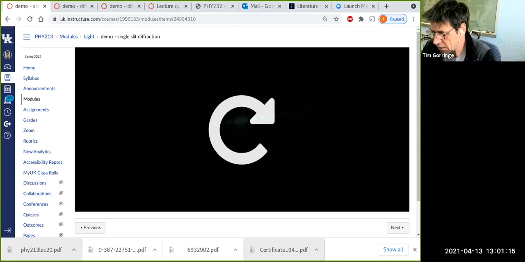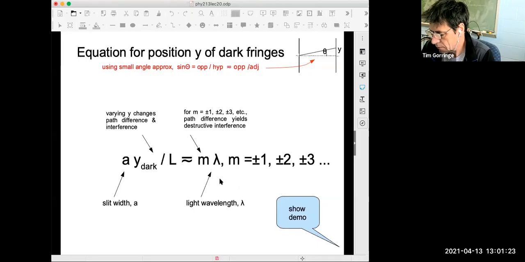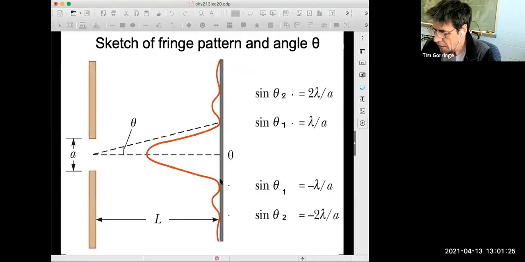Okay, let me go back to sharing my slides. And I just want to show you a sketch of that diffraction pattern that we saw in the video.